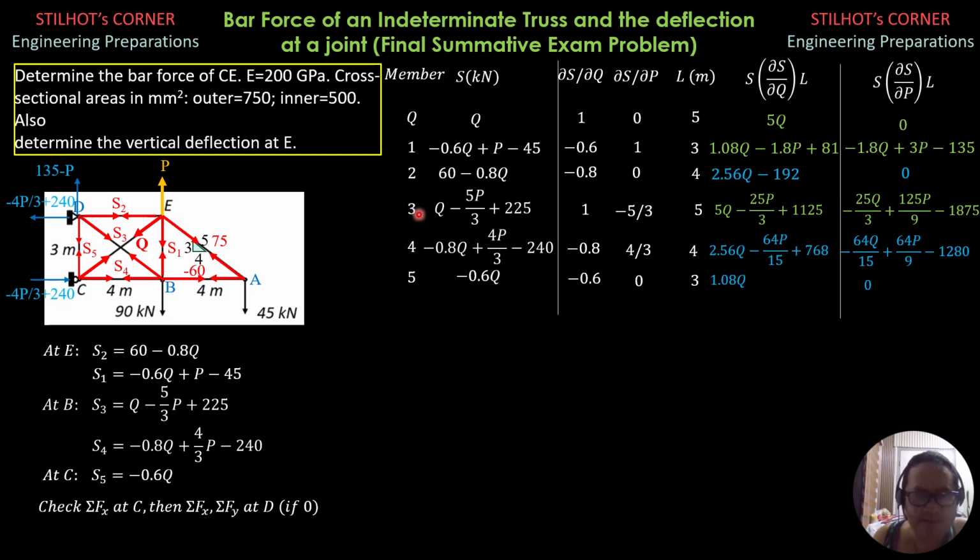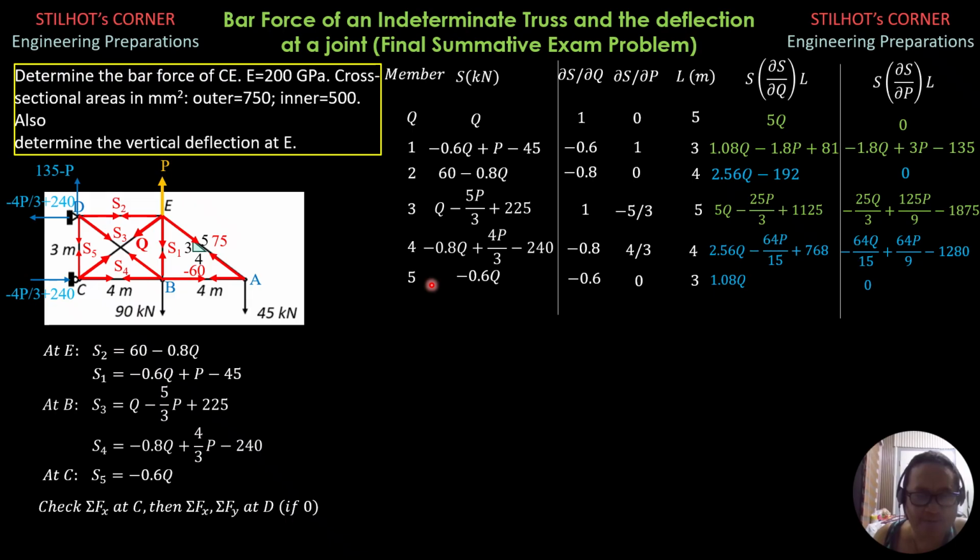Then this is member 3. You do the same thing, partial derivative of stress with respect to Q 1, with respect to P negative 5/3. Then evaluate this value and this value. Those are the values.